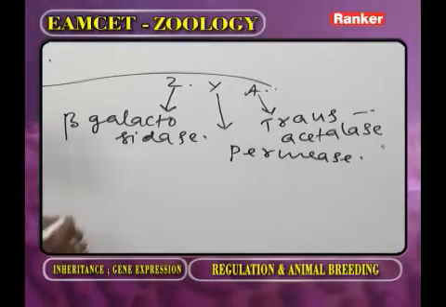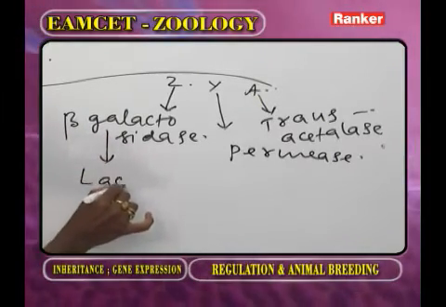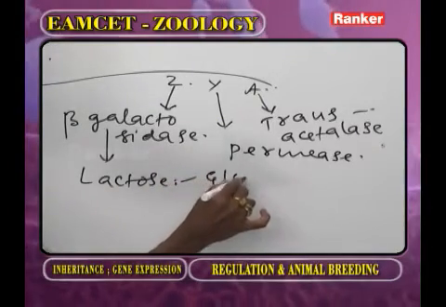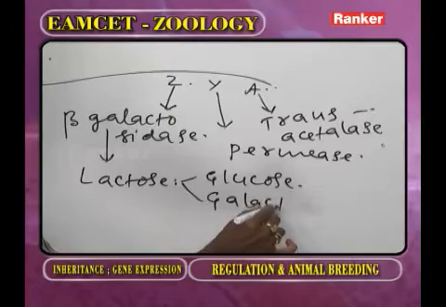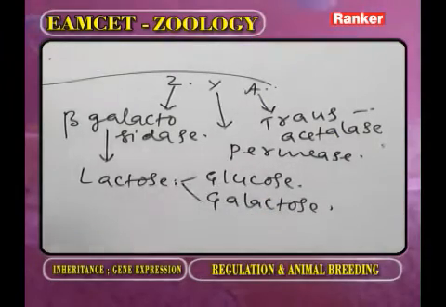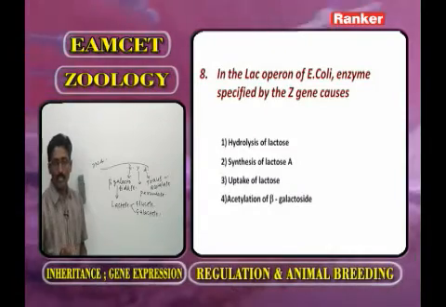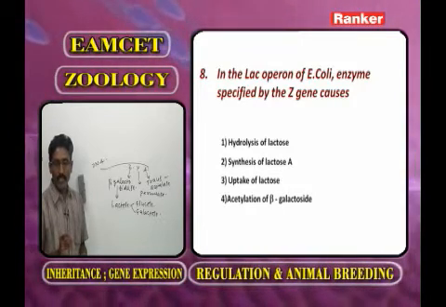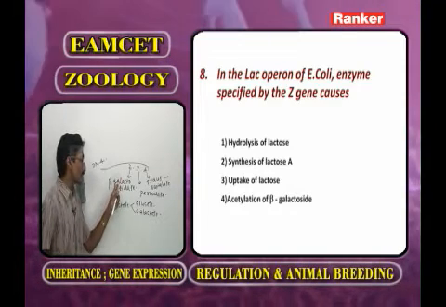Now what is the function of beta galactosidase? It converts the lactose into glucose and galactose. Now here what is the question? In the lac operon concept of E. coli, what is the enzyme specified by Z gene?